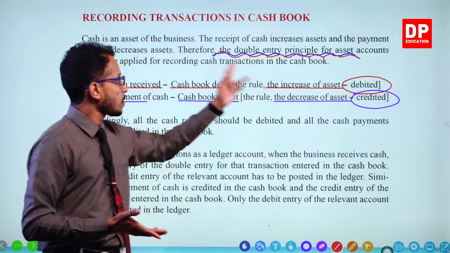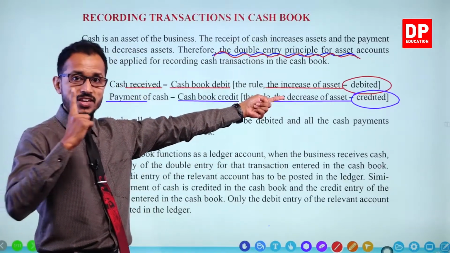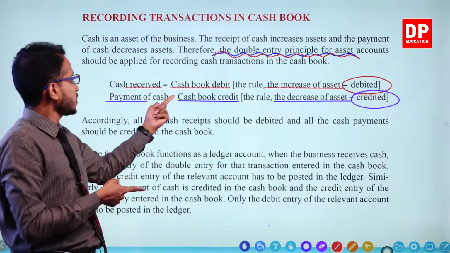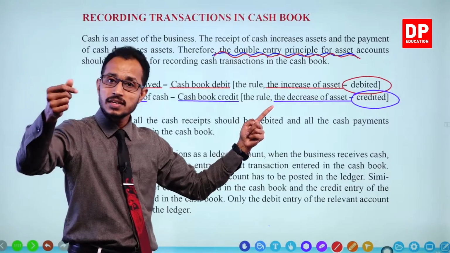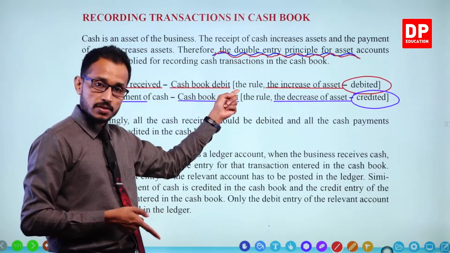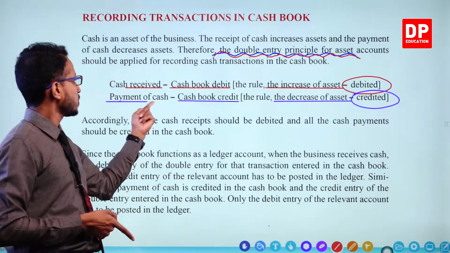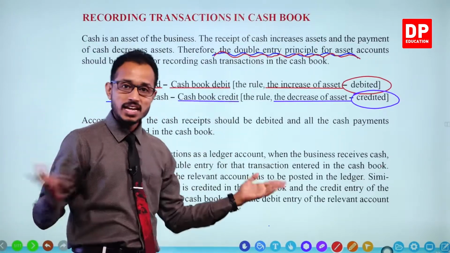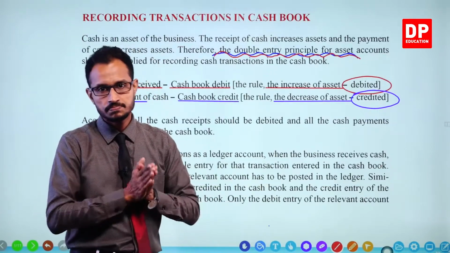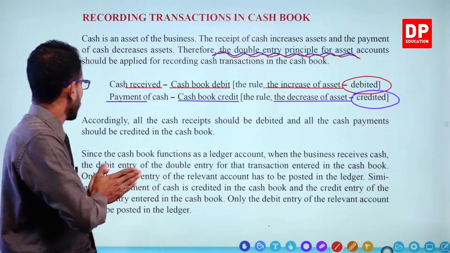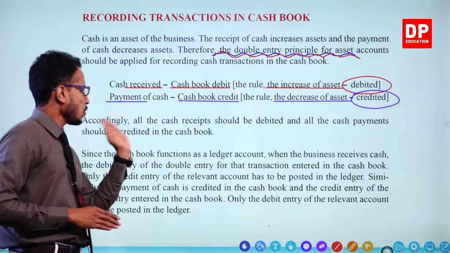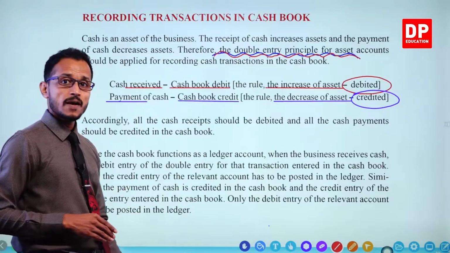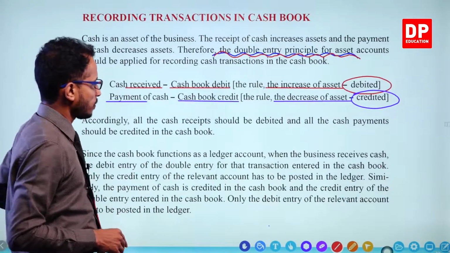That is what we have highlighted here. Cash receipts mean an asset increase, so it's a debit. Cash payments mean an asset decrease, so it is a credit. Accordingly, all the cash receipts should be debited and cash payments should be credited in the cash book.